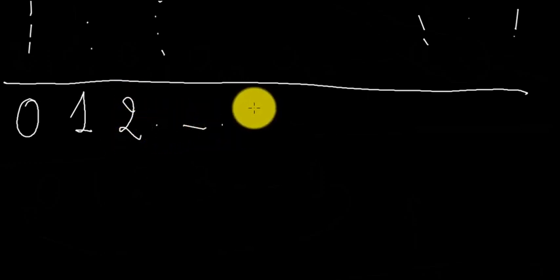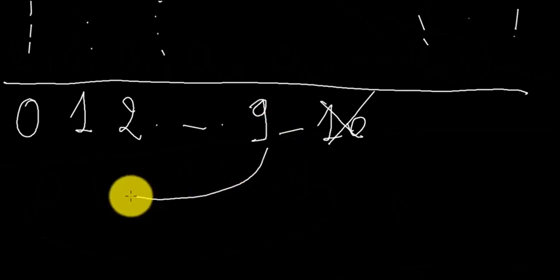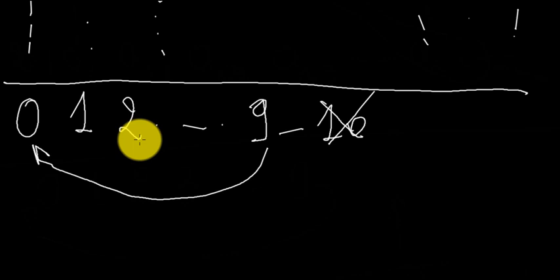So we continue like that until reaching the 9. But now if we add 1, we'll not go to 10. Instead, we should come back to 0, because these are decimals, so we don't reach 10, but reach 0. So this remark here, we'll use it in the proof.